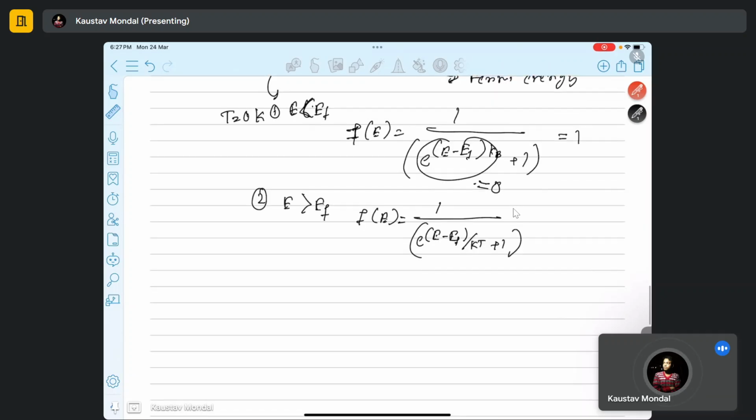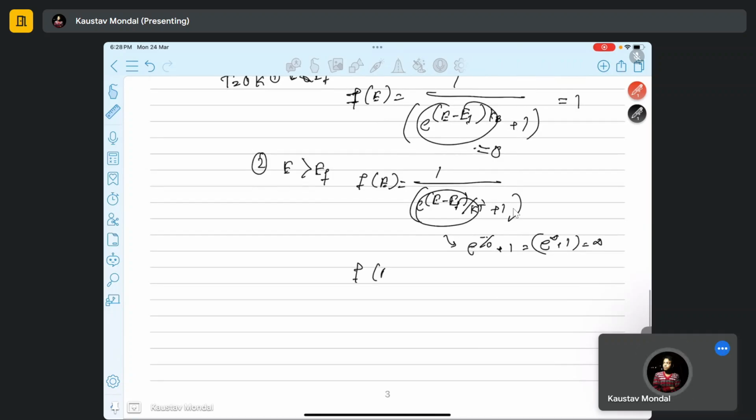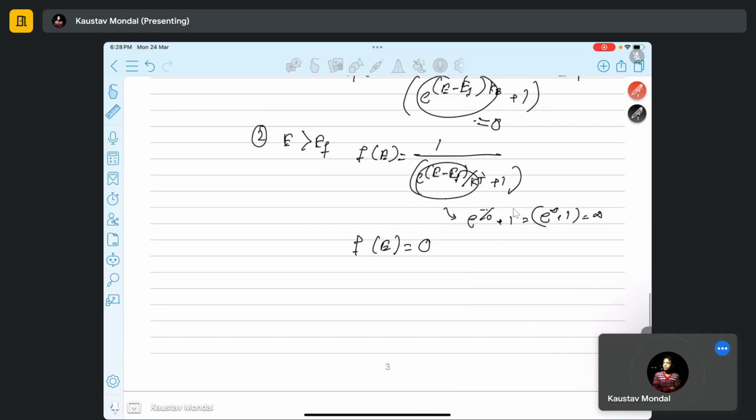Here, if E is greater than E_F, this whole power term is positive, so this gives you e to the power something by 0, that means e to the power infinite plus 1. That gives you infinite, and 1 by infinite would be simply 0. So F will become equal to 0, right?